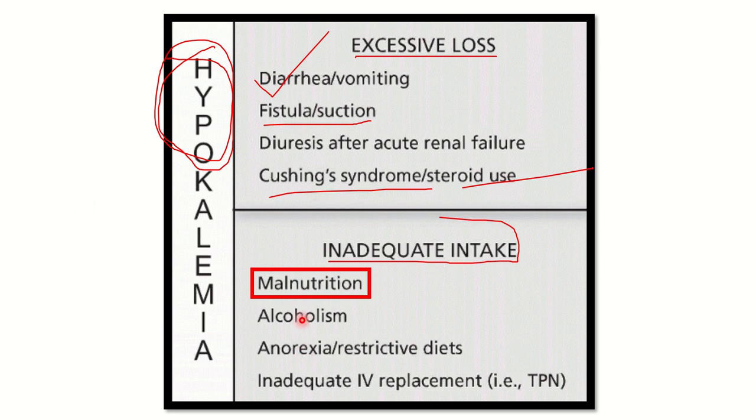Here we can see malnutrition. It is the most important cause, because in malnutrition all types of food, electrolytes, vitamins, and minerals are reduced in the blood. All the components of food and all the blood parameters are reduced when there is malnutrition. Other causes are alcoholism, anorexia or restrictive diets, and inadequate IV replacement during TPN, that means total parenteral nutrition.